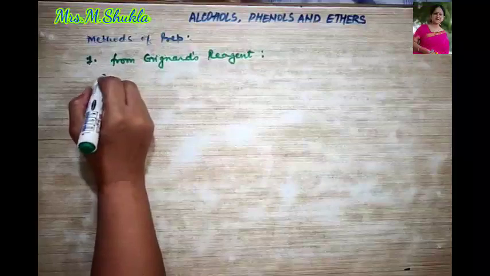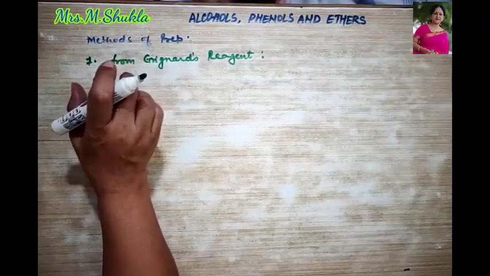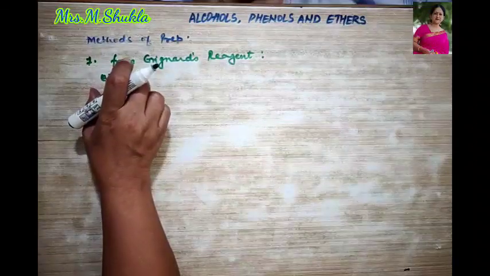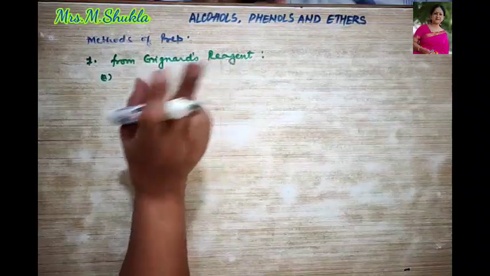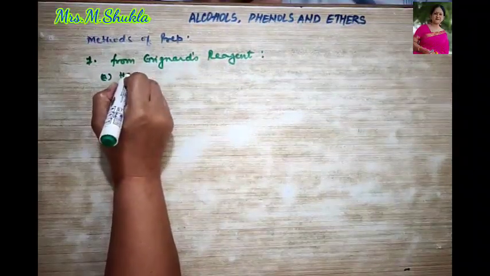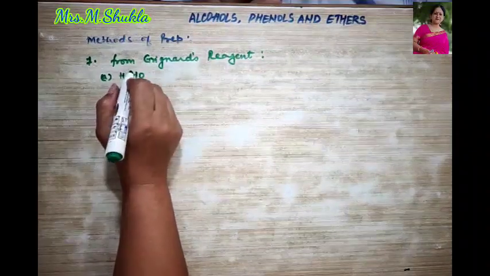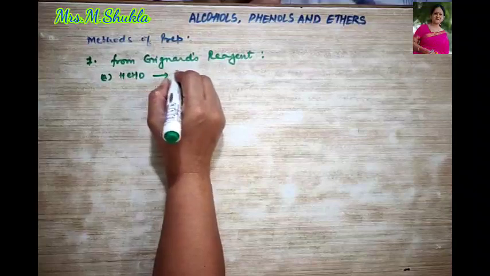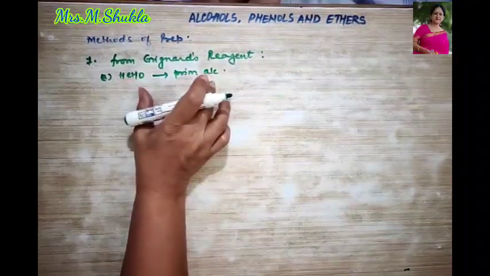Let us see how formaldehyde or methanal is reacted with Grignard reagent to obtain the primary alcohol. Methanal or formaldehyde is always going to give you primary alcohol.